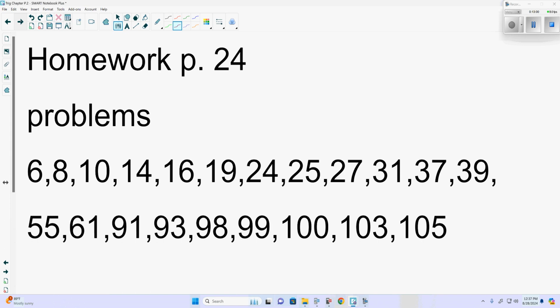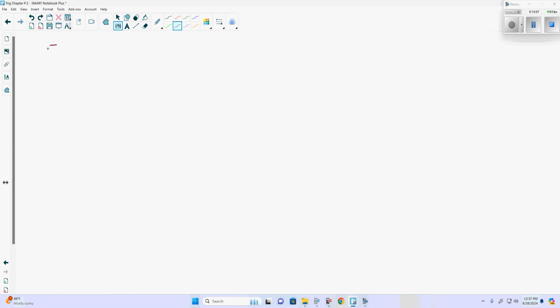5x over 4 plus 1/2 is equal to x. Okay. So the first thing that'd be helpful to do is to get rid of the fractions, because if we can get rid of all these fractions, it's going to make it easier to work with.